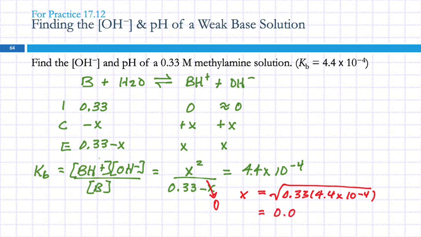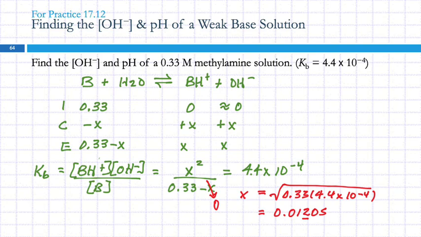0.01205. How can we tell if it was appropriate to use the x is small approximation?